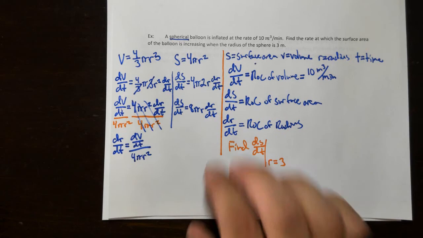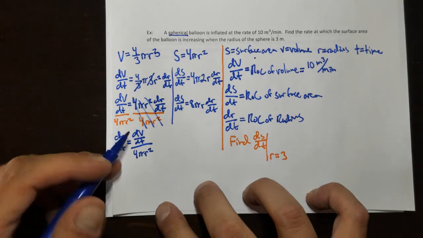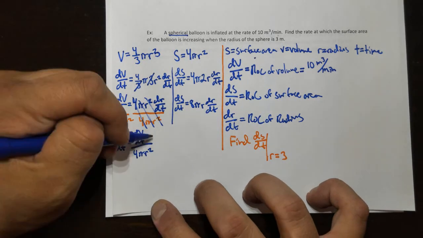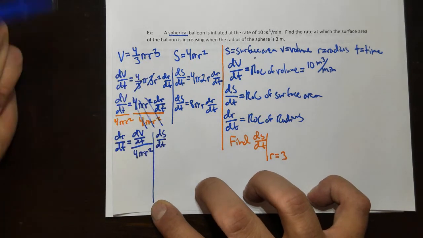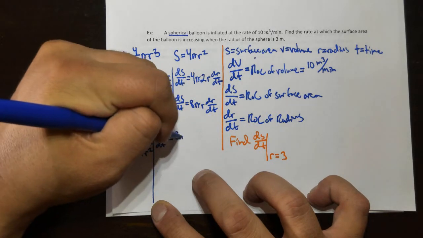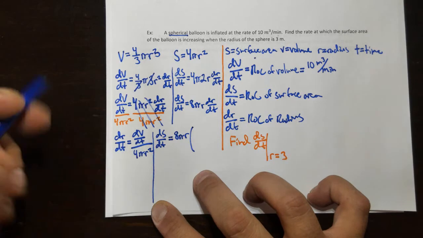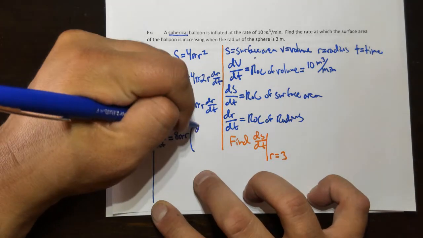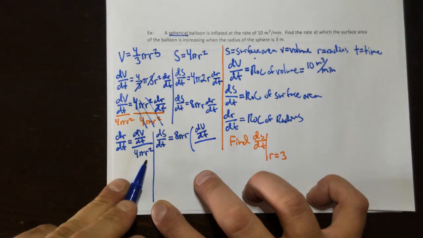So now that I have this, I'm going to plug this into dr/dt right here. I'm actually running out of room, but let's see here. So I can say dS/dt is equal to 8 pi r, and then dr/dt is going to be dV/dt over 4 pi r squared.